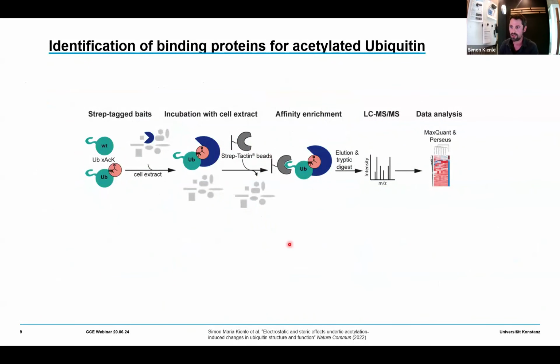I also don't need to introduce this workflow because Katrin also nicely did that. But just as a short reminder, we used ubiquitin acetylated at specific lysine residues and incubated this with cell lysate, enriched for binding proteins, and analyzed it via mass spectrometry. As control, we had unmodified ubiquitin.